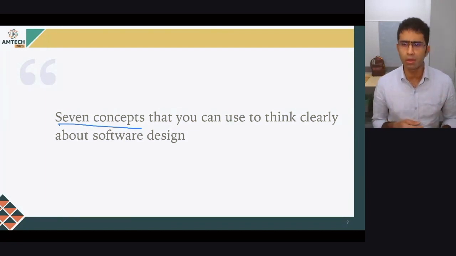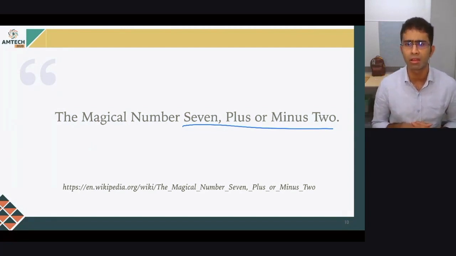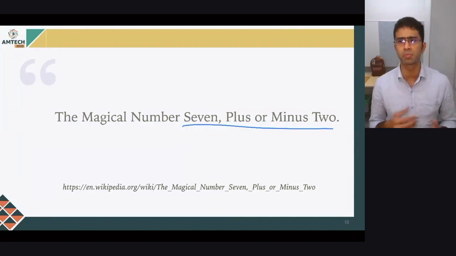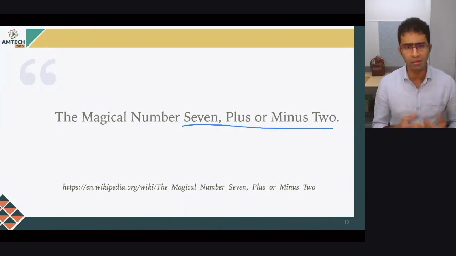So with that, I want to talk about another of my favorite things. I will keep using 7 plus or minus 2 throughout this talk. My fascination for this came from a paper in psychology, which is one of the highly cited papers in psychology.